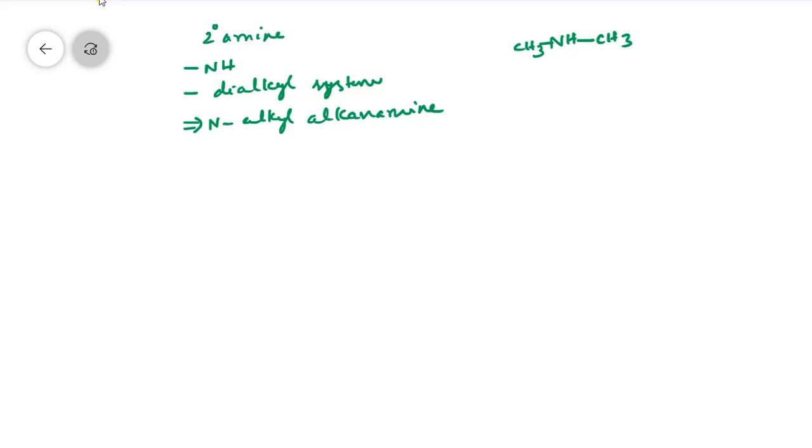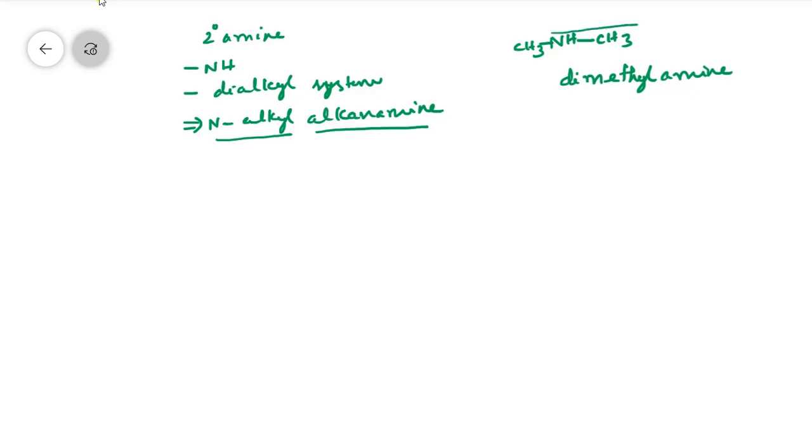It is an example of a simple amine. Here the 2 alkyl groups are methyl, so you can write in the common name system dimethyl amine. In IUPAC nomenclature, the general form is N-alkyl alkane amine.